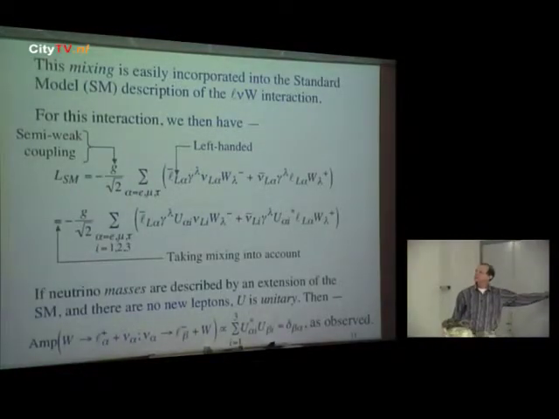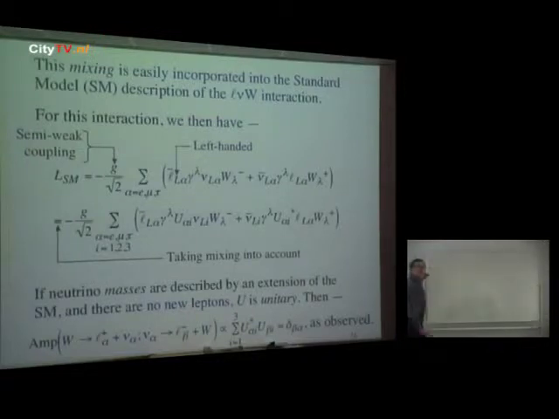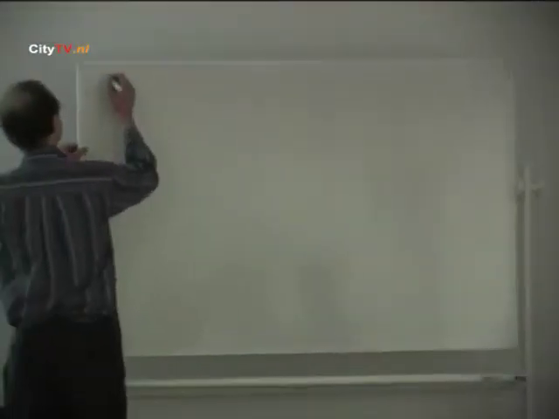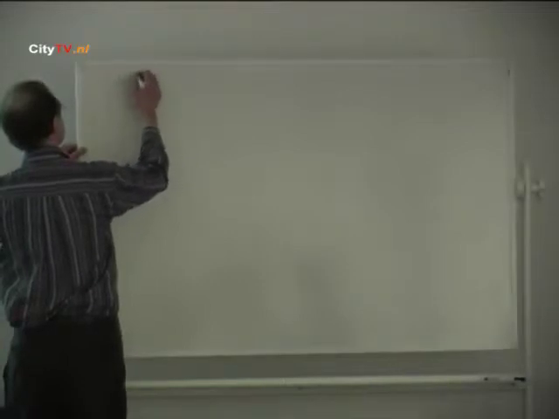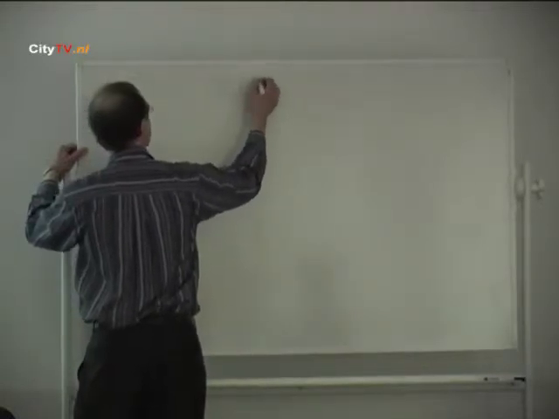So, hopefully you'll be able to see this even though these lights are not on. The pi plus state is this linear combination of pi x and pi y.